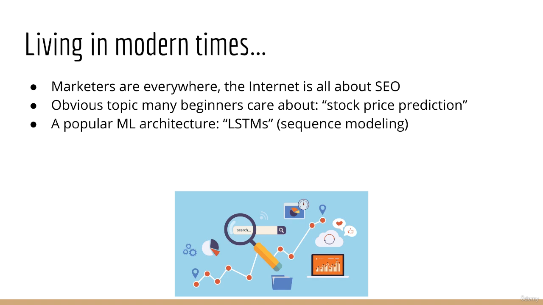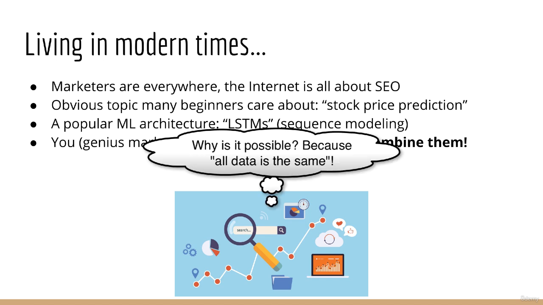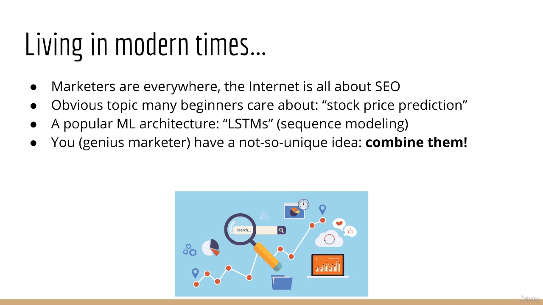LSTM has been a very popular model for sequence modeling. Then what do you do? Well, you combine these two. You make a blog post on stock predictions with LSTMs. In fact, many people have done so. It's obviously a very appealing idea. No one would blame you for clicking on an article or buying a course that claimed to be able to do this.